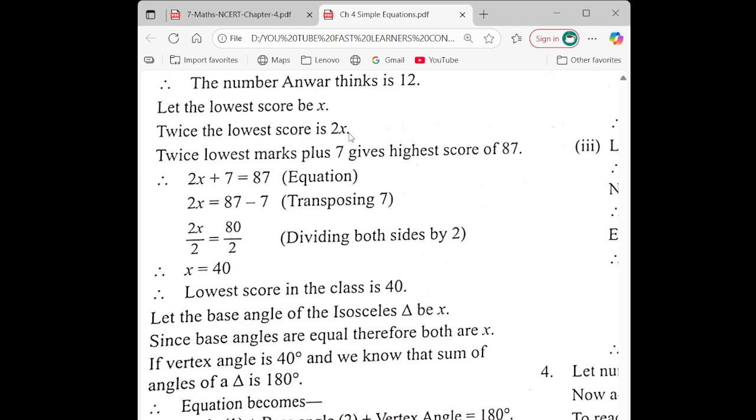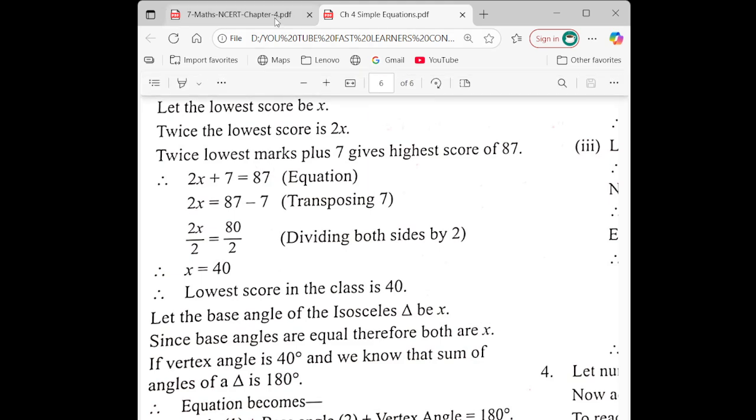So 2 times x or 2 times L, whatever you want to take, plus 7 is equal to 87. 2x is equal to 87 minus 7. So this is how you will find out the answer. Okay. Follow the instruction given in the question.